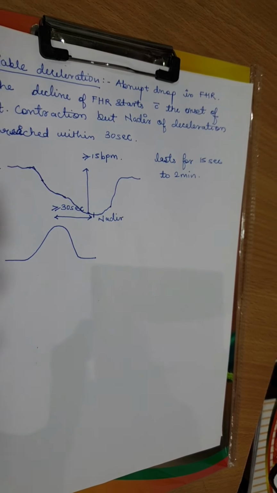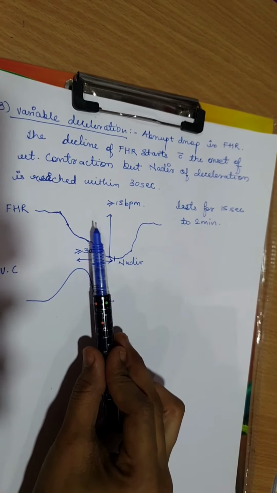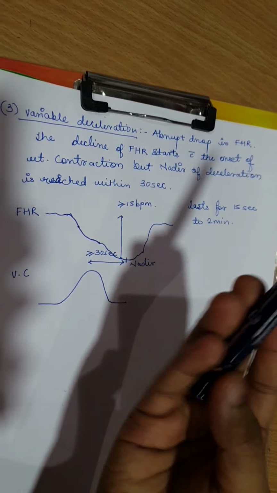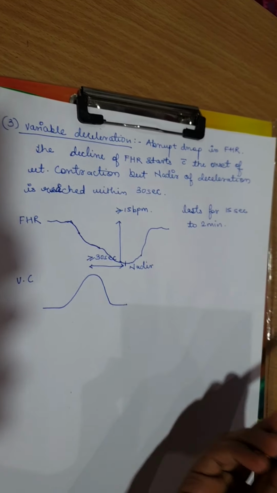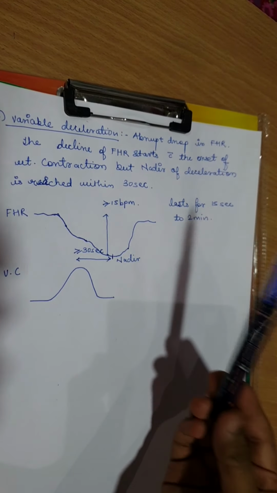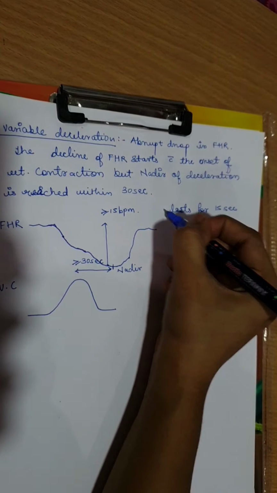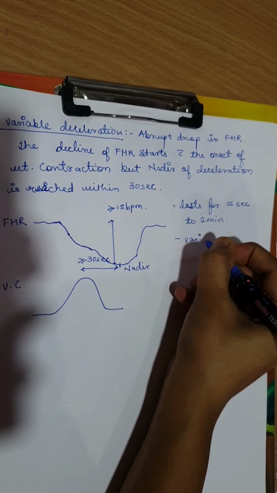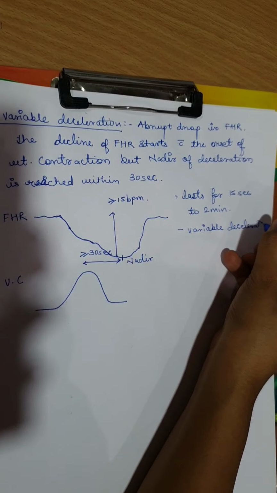And this deceleration varies. It might be 20 seconds, for the next uterine contraction it will be 15 seconds, and then in the next contraction it will prolong for almost 1 minute. So these decelerations are variable, hence called variable deceleration.